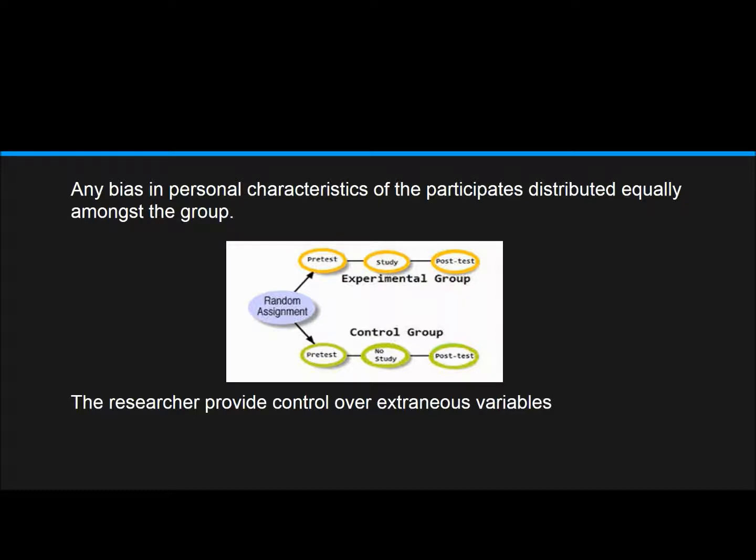By randomly selecting your sample and randomly assigning them, it's possible that you can spread those characteristics equally among the groups, the experimental group and the control group. Also, the researcher will be able to provide better control over the extraneous variables.